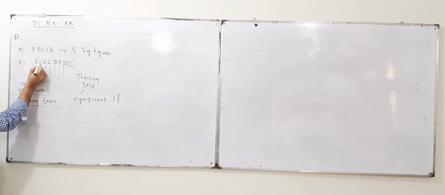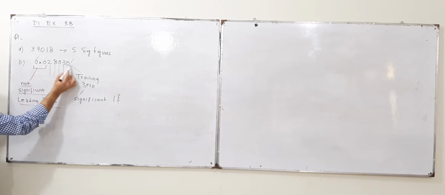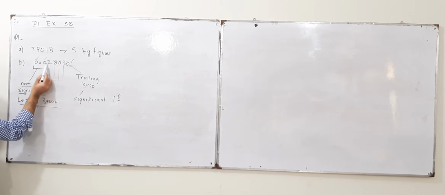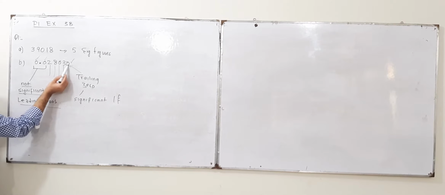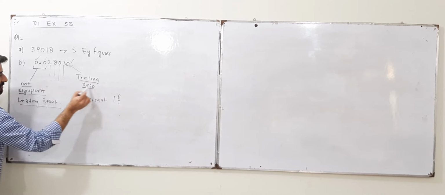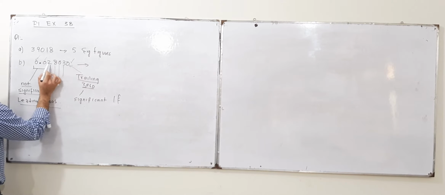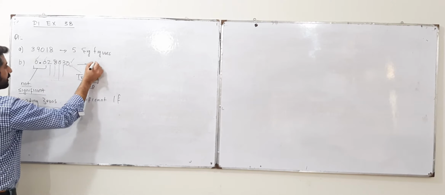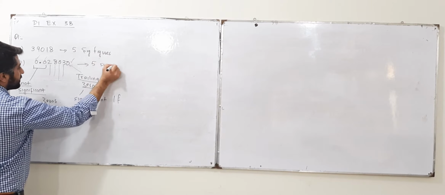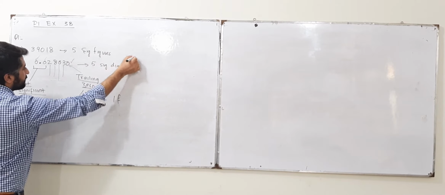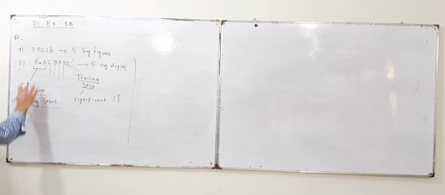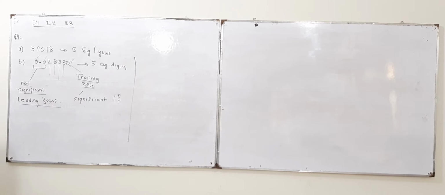If you have a decimal anywhere in the number, then the 0 after non-zero numbers at the last, which is termed as trailing 0, becomes significant. So how many significant figures do we have? 1 2 3 4 5 significant digits or 5 significant figures. These two zeros are not significant, they are leading, they cannot be significant.